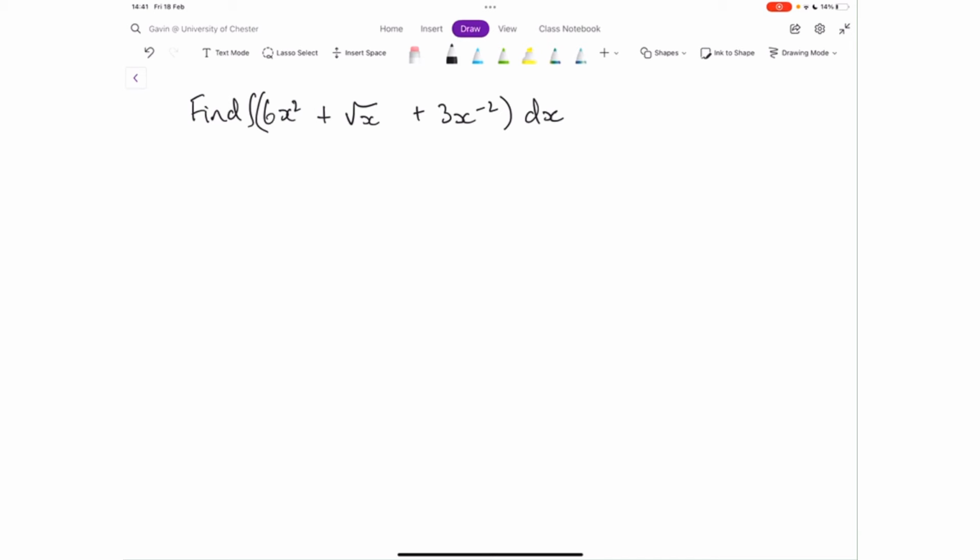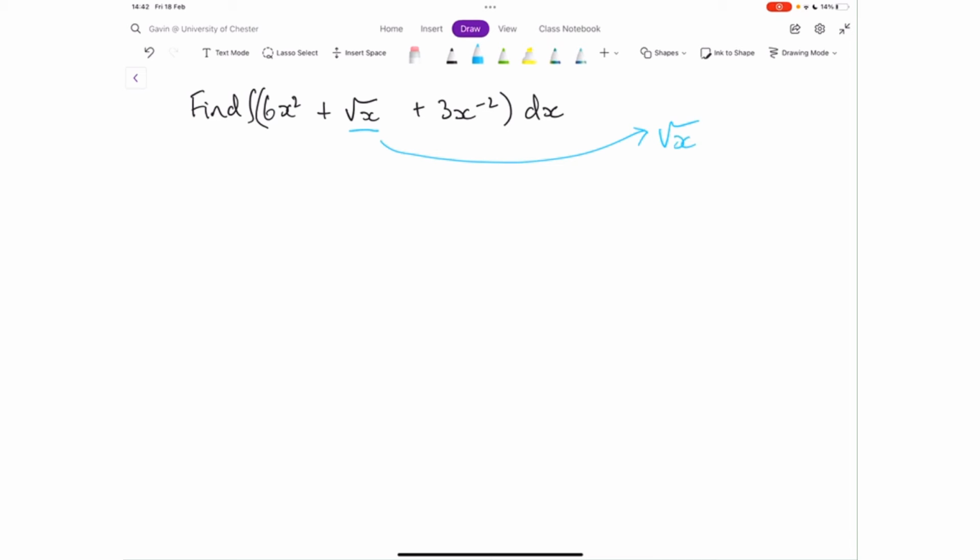Now again, we've got something in here which doesn't look familiar to us, or is perhaps a little bit trickier to think about. It's this square root of x term here. Now again, we know that the square root of x is equal to x to the half. So again, this now becomes a value with which we can perform integration.